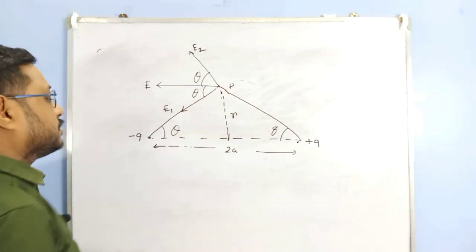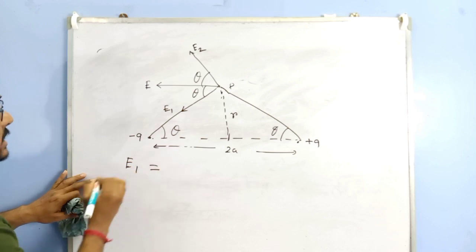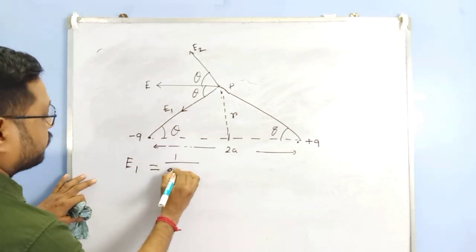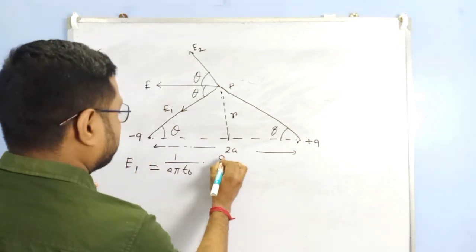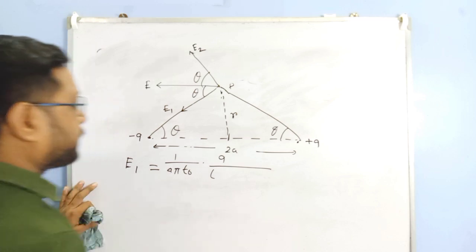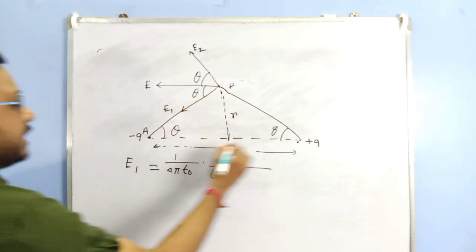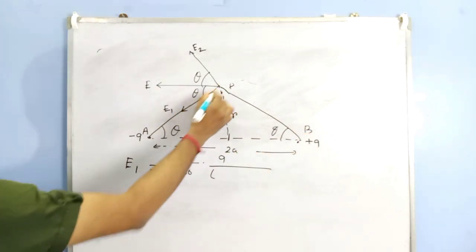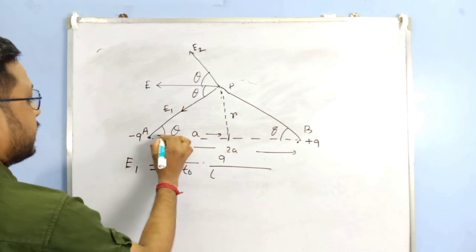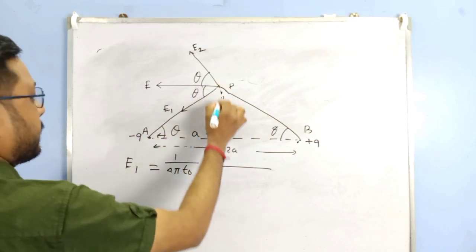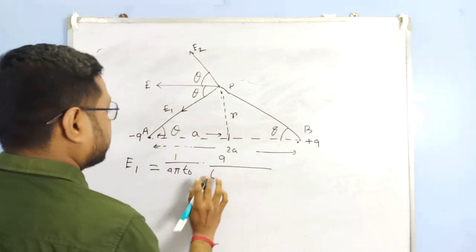Okay, so if we take the electric field E1 for minus q charge, we can get it as 1 by 4 pi epsilon naught, q divided by the distance. If it is say a point A and this is B, then AP is, this is a right angle triangle, so this is a square plus r square.